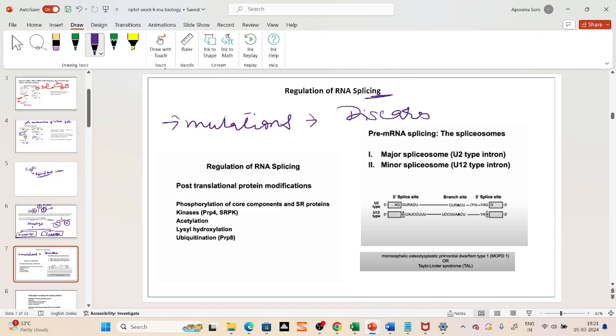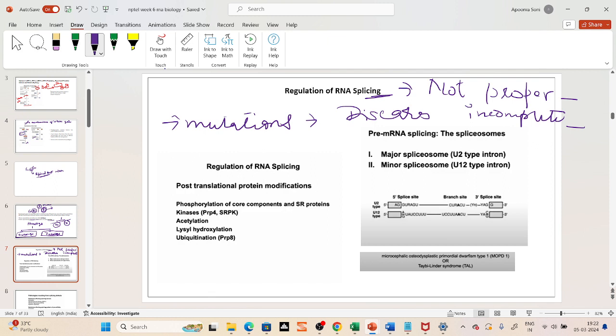If splicing is not proper, or if the splicing is incomplete, in both cases there can be some morphological or pathological manifestations in the form of diseases.